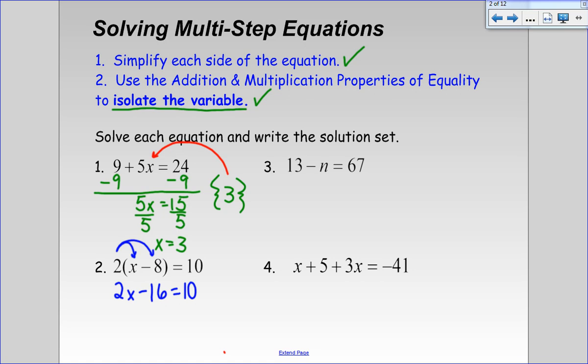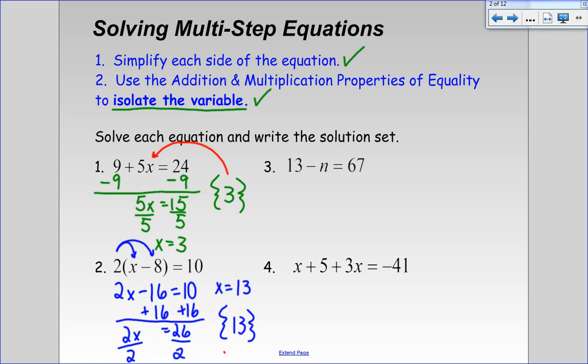We do this by adding 16 first to isolate the variable term. So 2x will equal 26. And then we divide by 2. So to the right here, x will equal 13, and we found our solution. Our solution to the equation is 13.